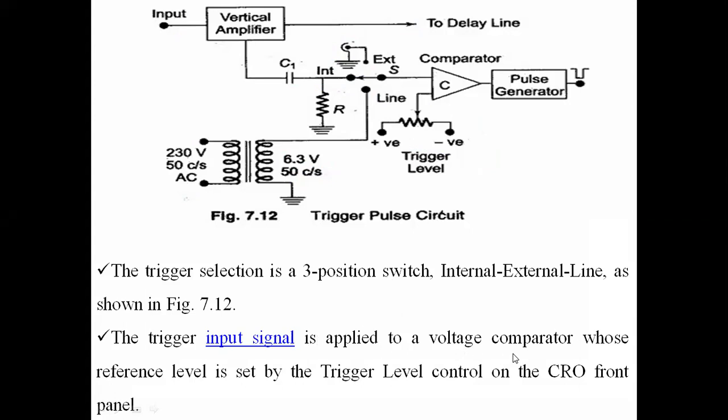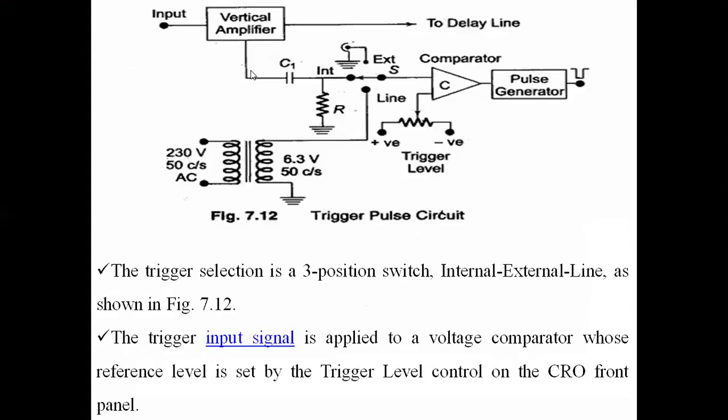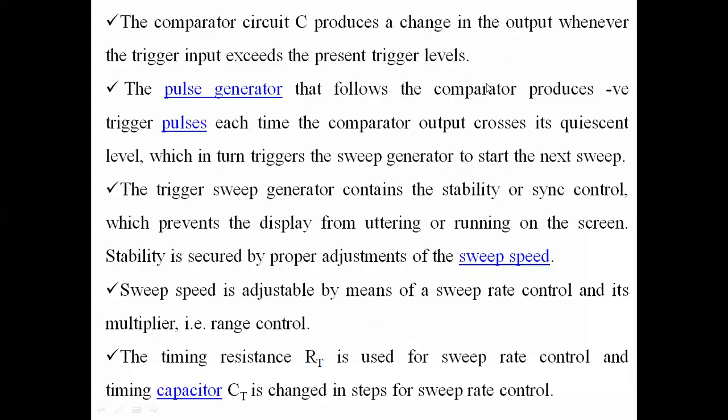The trigger input signal is applied to a voltage comparator, whose reference level is set by the trigger level control on the CRO front panel. So we have an option on the front panel to adjust the trigger level. The comparator circuit produces a change in the output whenever the trigger input exceeds the preset trigger level. When the input voltage applied to the comparator exceeds the preset value set by the trigger level, it produces an output signal.